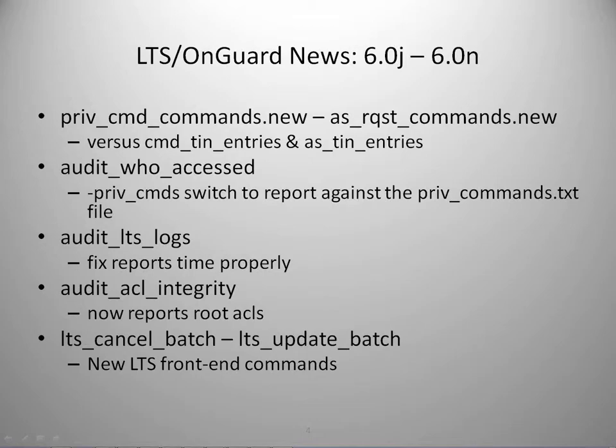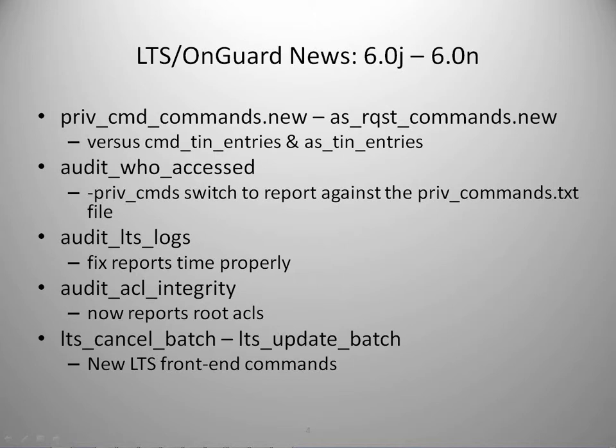A couple of other fixes that are in this release. Audit LTS logs now reports the time correctly in the report. There was a bug previously where the time was not being reported. Audit ACL integrity can now be used against a device or against the root of a disk.